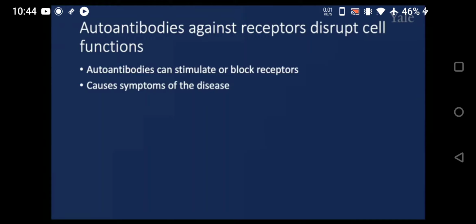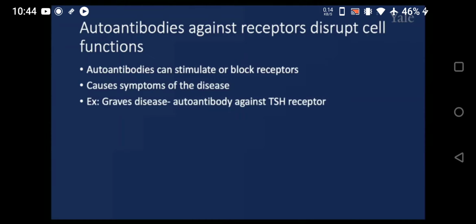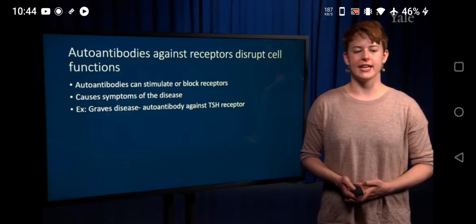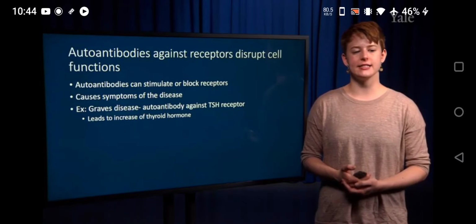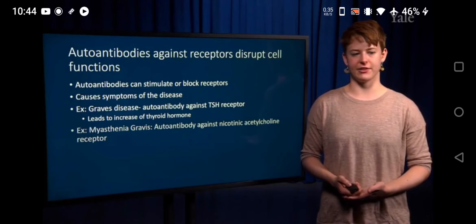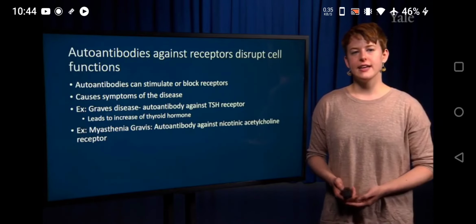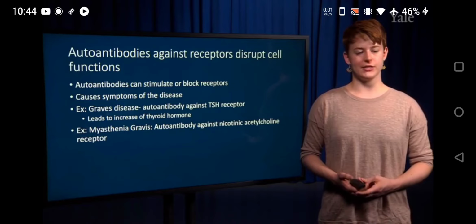So a good example is Graves' disease, where autoantibody is produced against the TSH receptor, and this leads to an increase of thyroid hormone. Another very well-known disease where this occurs is in Myasthenia Gravis.